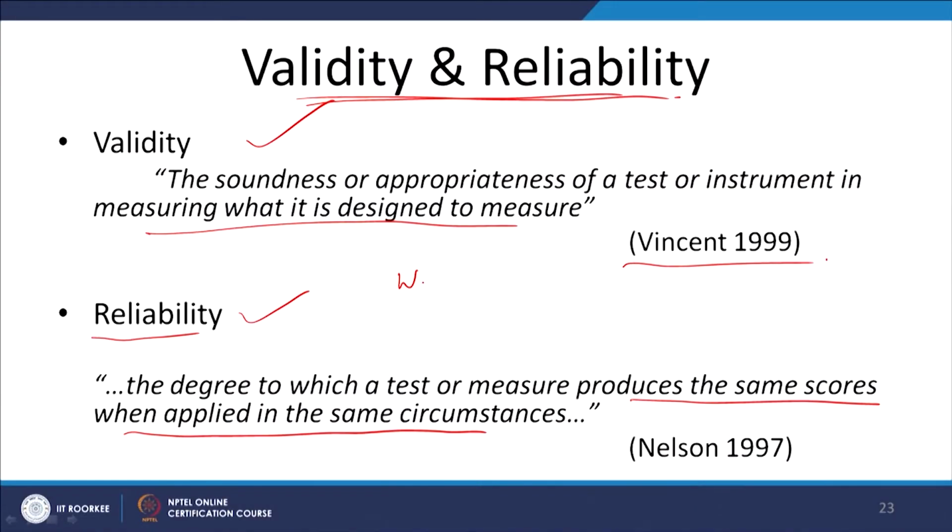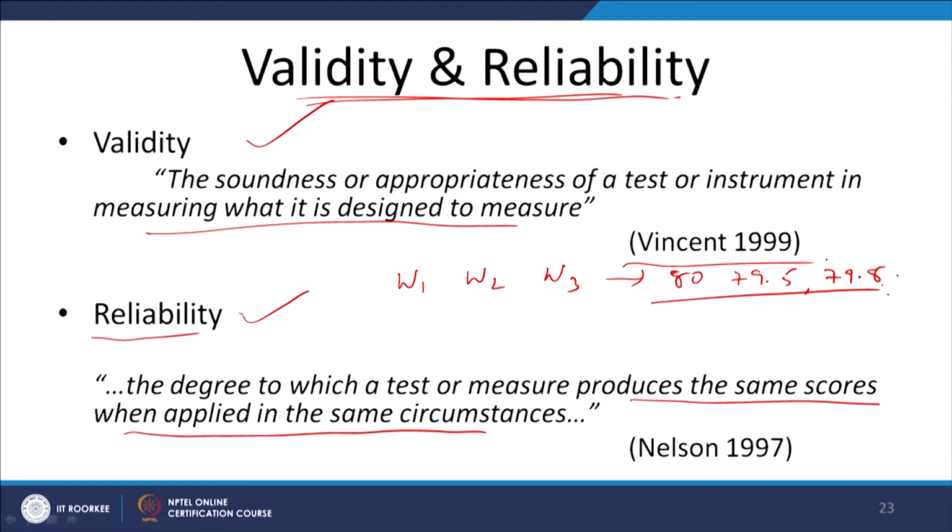But suppose you go to a weighing machine and check your weight the first time, then check again, and again, and the deviation in the weights is not much. Let us say in the first one you were 80 kg, in the second 79.5 kg, in the third 79.8 kg.